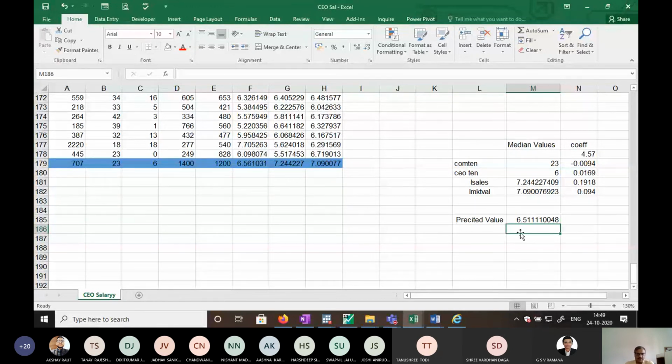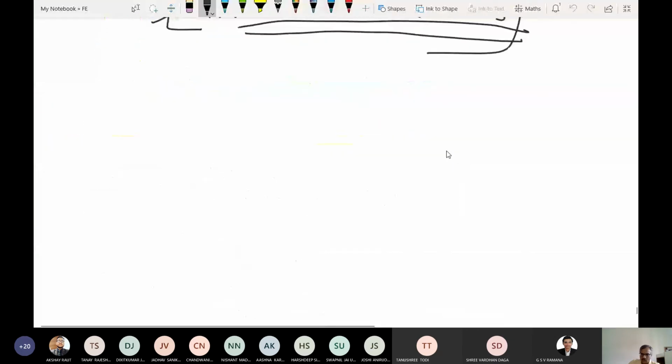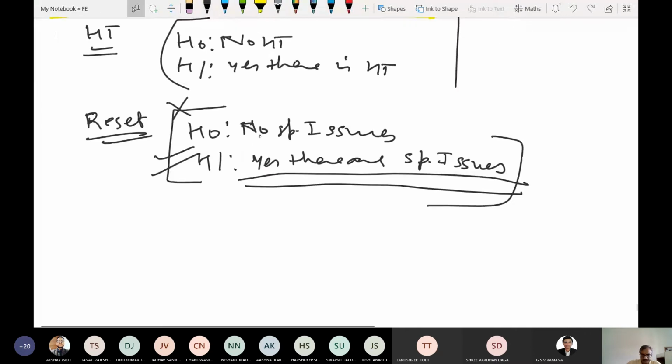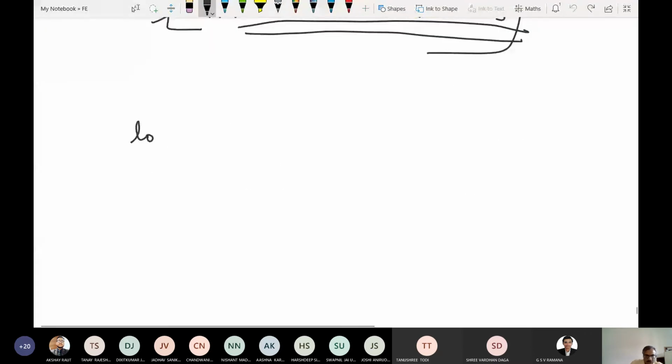So this value is in log terms. Rather, put it this way, this value is log y. So I've got log salary, and that value is coming out to be 6.511. I need to convert that into salary.